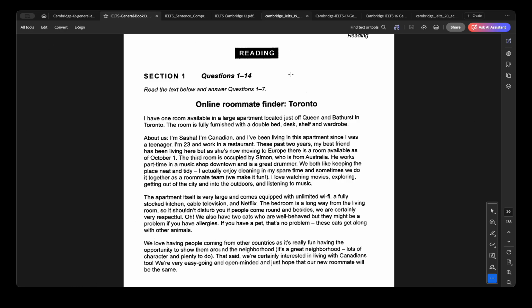If they're there, you solve them. If there are matching heading type of questions, that is your next priority, solve them. And if there are matching information type of questions, you need to solve them. And if there are MCQs type of questions, which are normally there, you always have to solve them at the end, and only if you are targeting band 8.